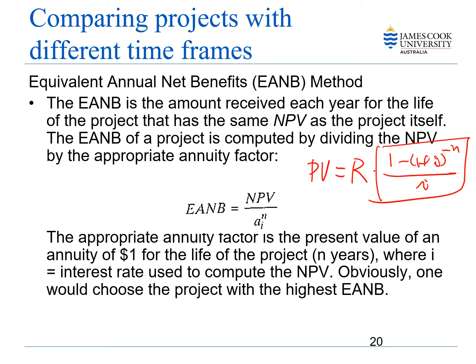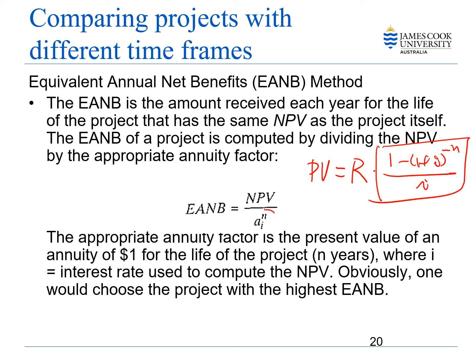The EANB is the amount received each year for the life of the project that has the same NPV as the project itself. So essentially, we are converting this project into an annuity, okay, and comparing the annuity payment of each period. The EANB of a project is computed by dividing the NPV by the appropriate annuity factor.